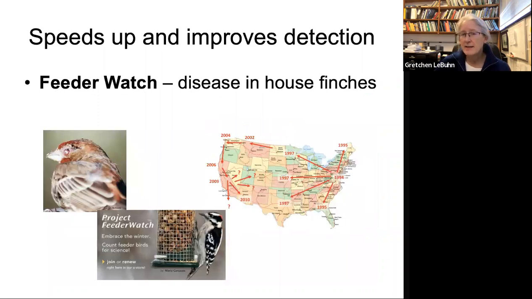Community science has improved science's ability to detect disease. Feeder Watch detected this eye disease in house finches, and through their data was able to track sort of how the disease moved across the United States.